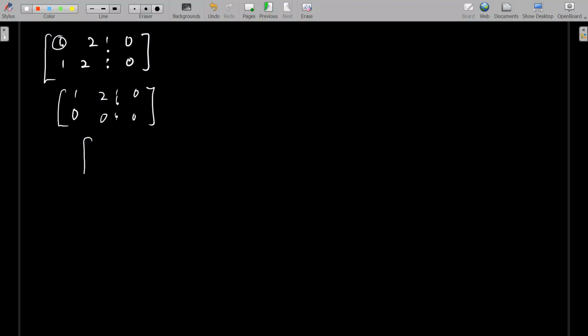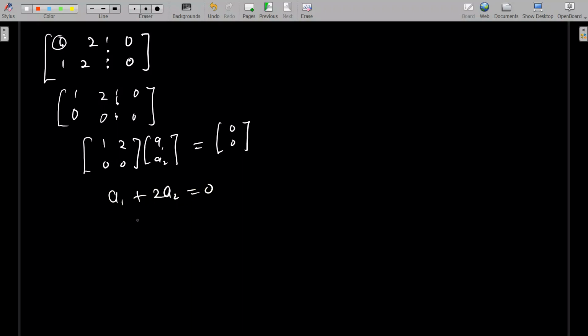So it means I'm going to have the matrix (1 2; 0 0) multiplying a1, a2 should give me 0. After reducing, you use your reduced matrix to continue. Now the first row is saying that a1 plus 2a2 should give me 0, and I'm going to have a1 equal to negative 2a2. Whatever a2 I choose, a1 should be negative 2 times a2.